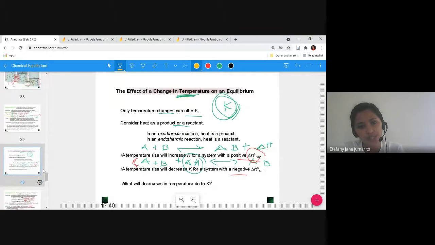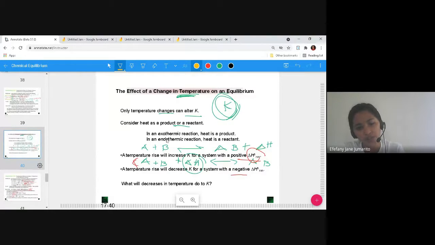Then endothermic and exothermic reactions. Endothermic is when heat is used as a reactant, while exothermic is the release of heat.